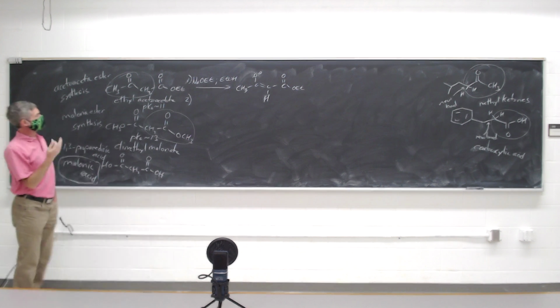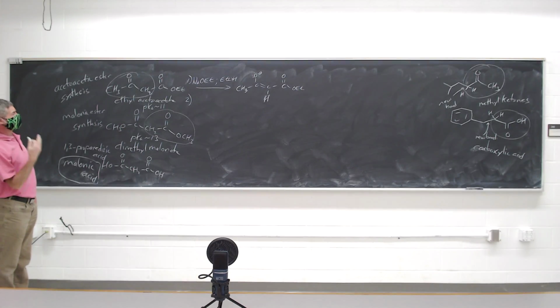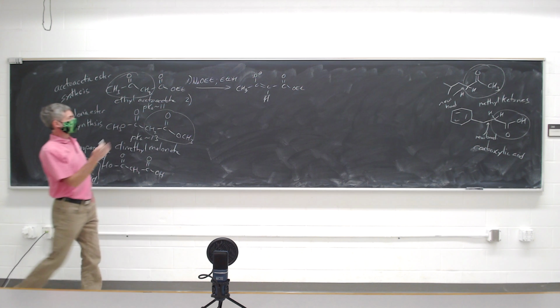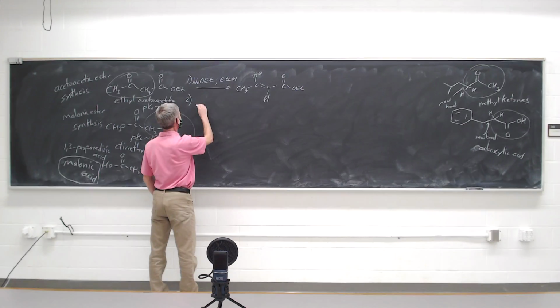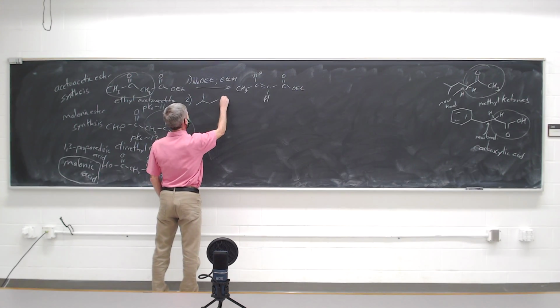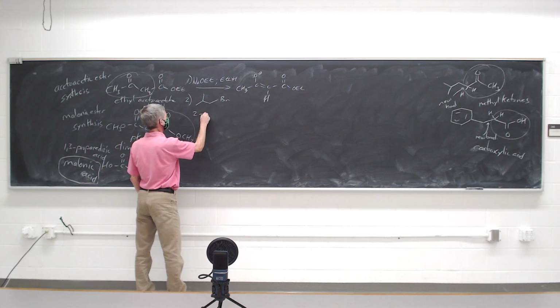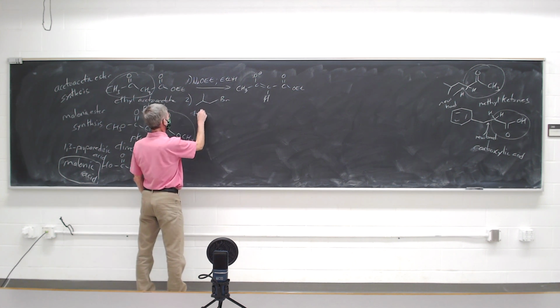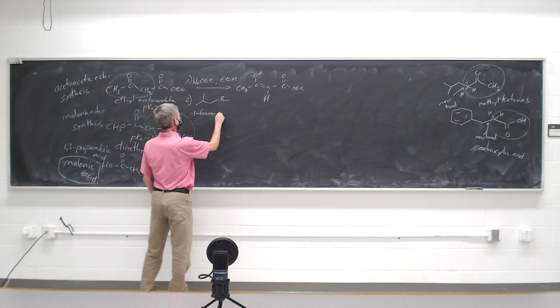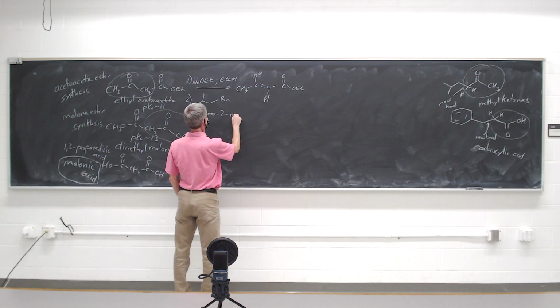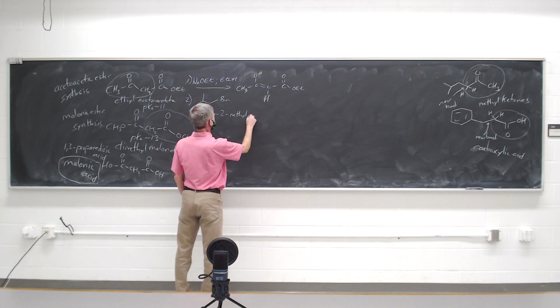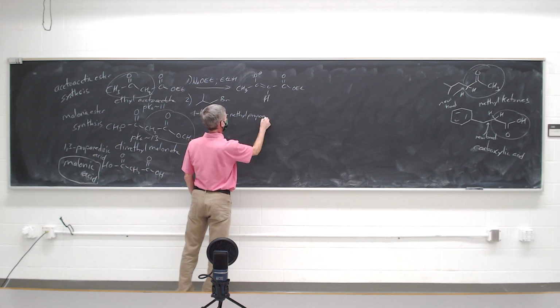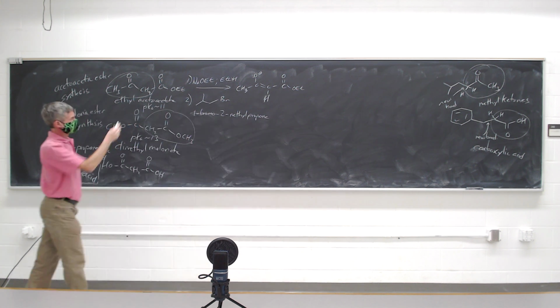And now we can form a new carbon-carbon bond by reacting that with an alkyl halide. So in this case, if I react with 1-bromo-2-methylpropane, I can get a nice SN2 reaction on that enolate.